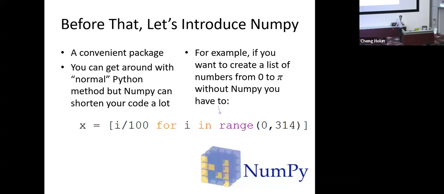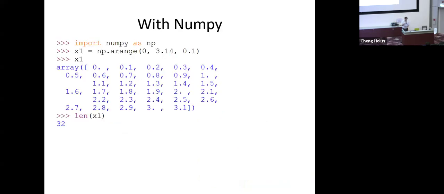If you really want to create the numbers from 0 to pi with an interval of 0.01, you may need to do complicated things like that. However, when a lot of people complain, you get more convenient things. For example, with NumPy you can do that. You can create a NumPy array just like what you wanted before.